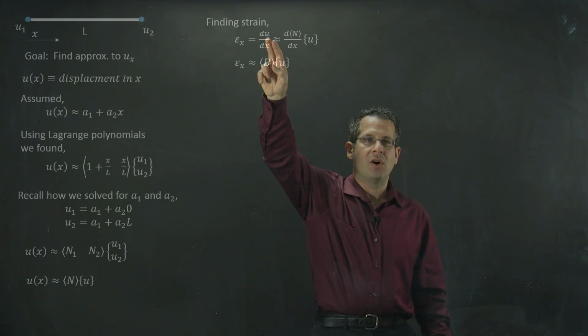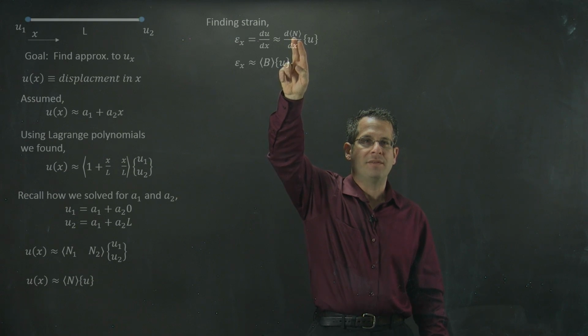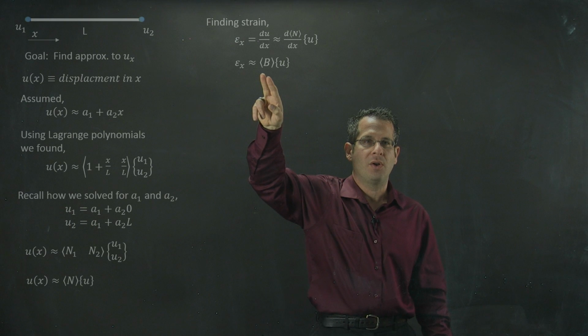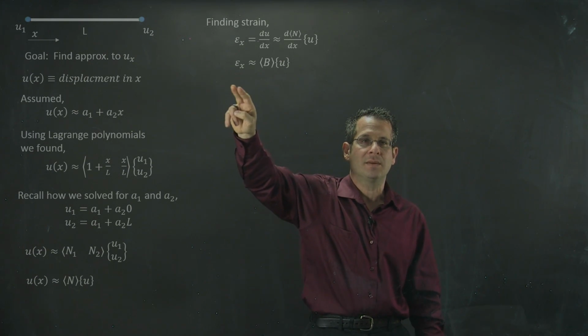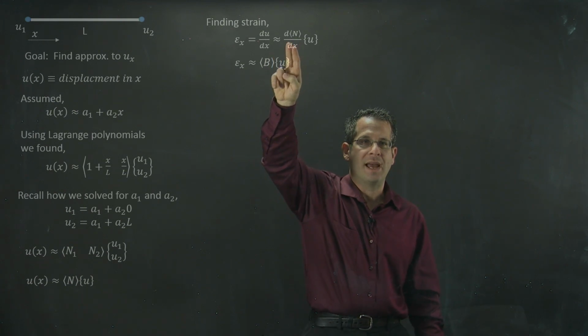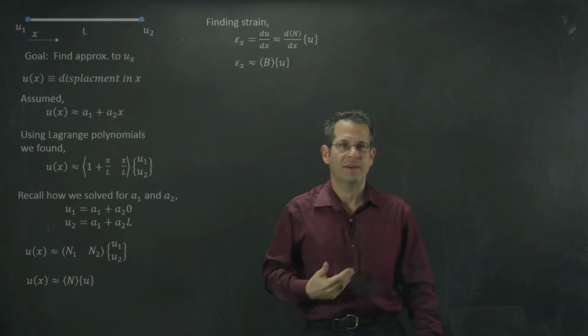When I'm trying to solve du/dx, that just becomes the derivative of N, my shape vector, with respect to x, and we called that derivative my B vector. So my strain in the x direction is simply my B vector times my displacement vector.